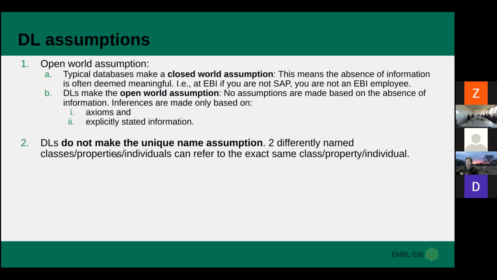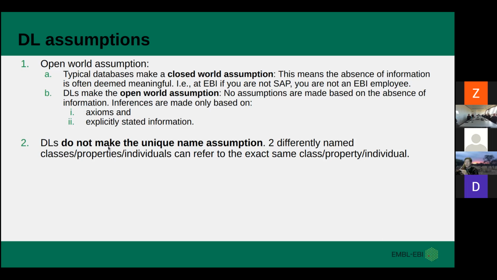If I want to know whether someone works at EBI, I would go and look in the SAP database. And if I don't find that person, I would assume they don't exist, or at least they're not an employee at EBI. That's not the approach that DLs take.